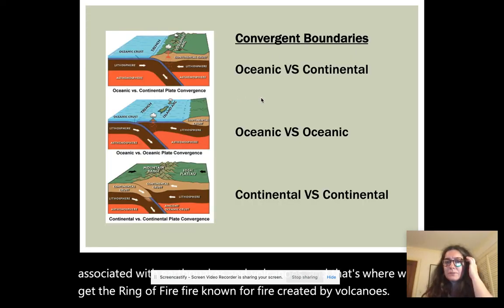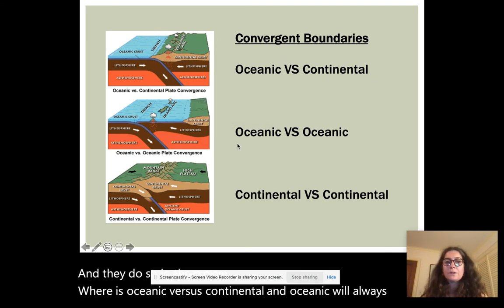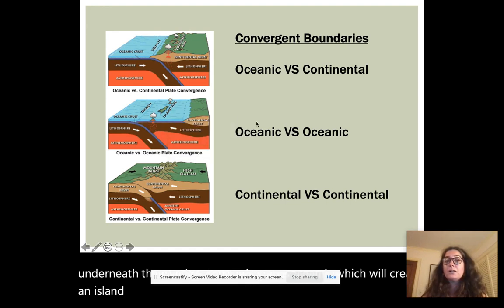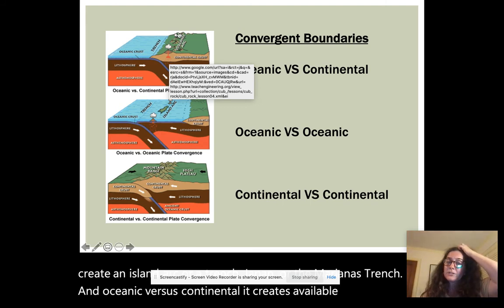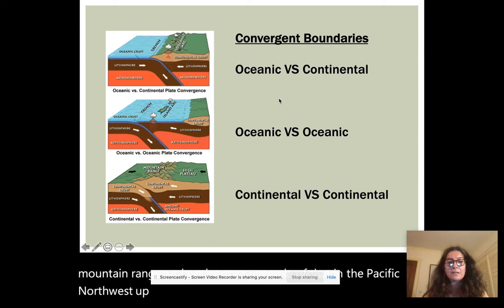So, again, in review, convergent plate boundaries are areas of collision where plates collide, and they do so in three ways: oceanic versus continental, where oceanic will always go underneath the continent; oceanic versus oceanic, which will create an island arc or a trench, like Japan or the Marianas Trench; and in the first case, it creates a volcanic mountain range, and we have an example of that in the Pacific Northwest, up in Oregon, with the Cascade Mountain Range.